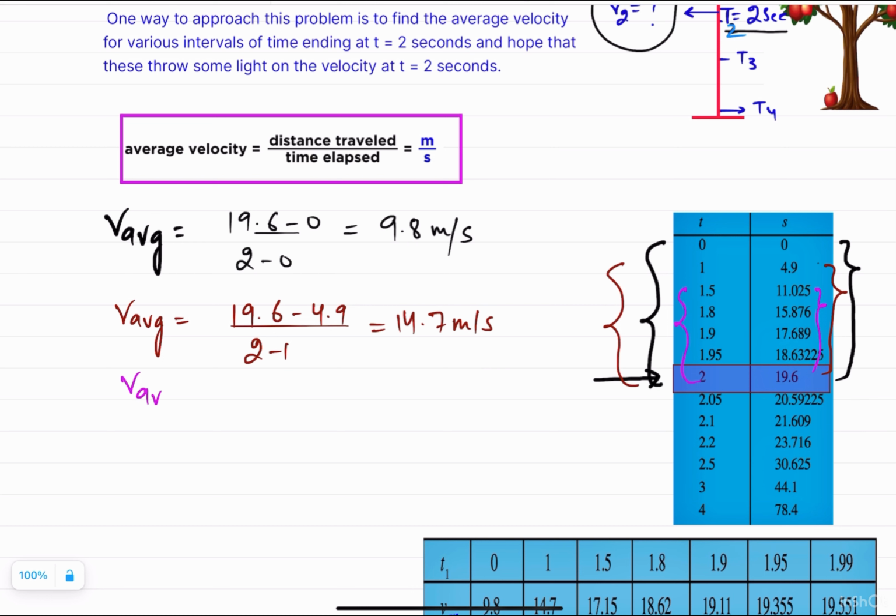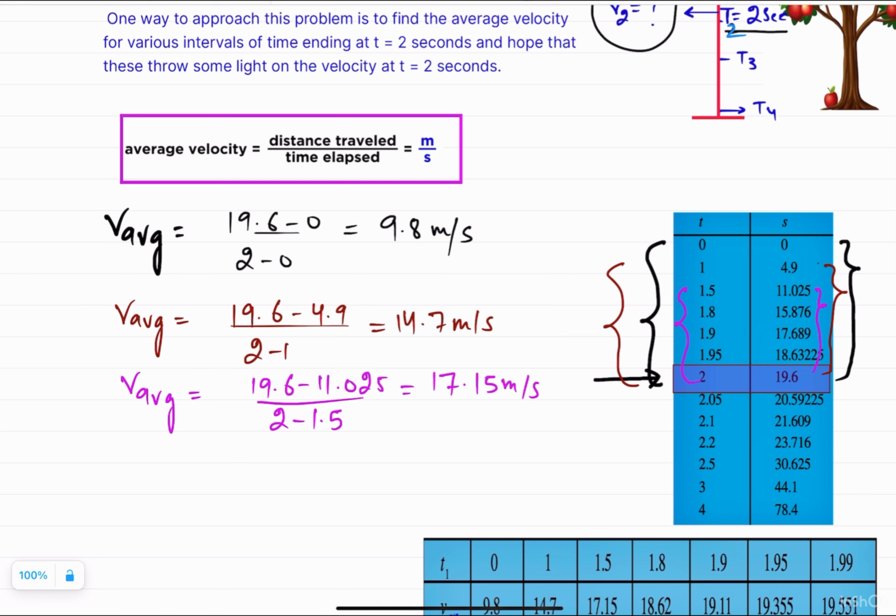For this, the average velocity will be equal to the change in distance, that is 19.6 minus 11.025, divided by the time elapsed, 2 minus 1.5. If we simplify it, it will be 17.515 meters per second.